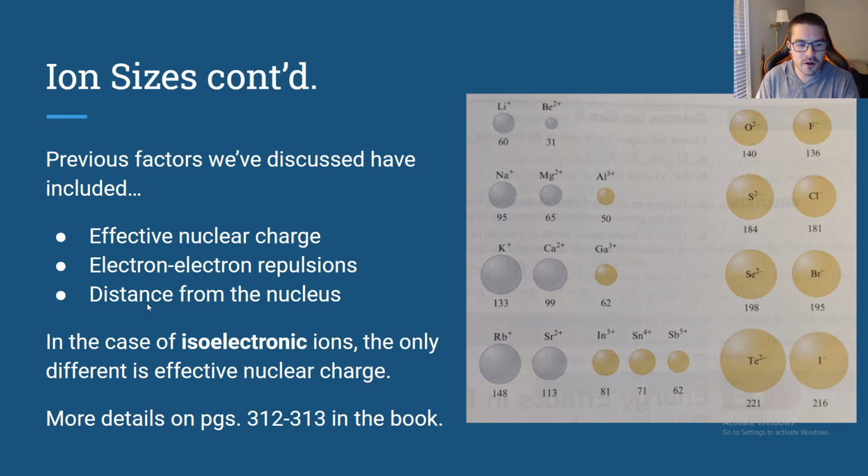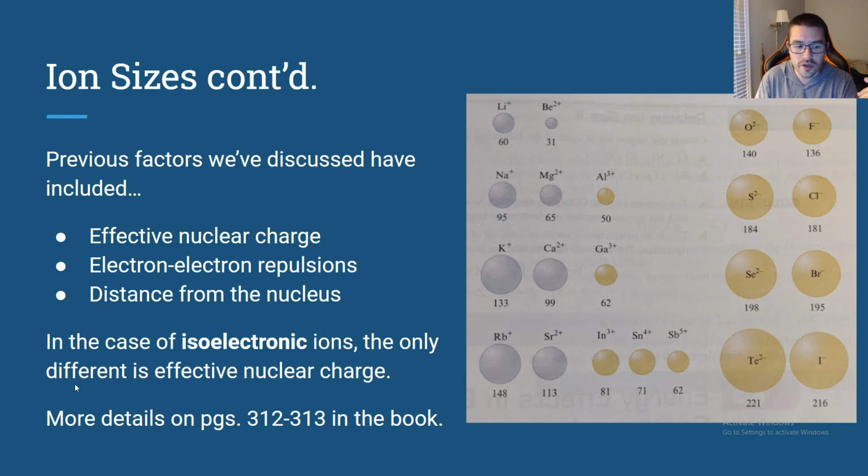And we've also talked about how electrons being a further distance from the nucleus can impact things as well, right? If they're further out, they don't feel as much of a pull, whereas if they're closer in, they do. So, in the case of isoelectronic ions, these bottom 2 factors actually can't really be the difference, okay?